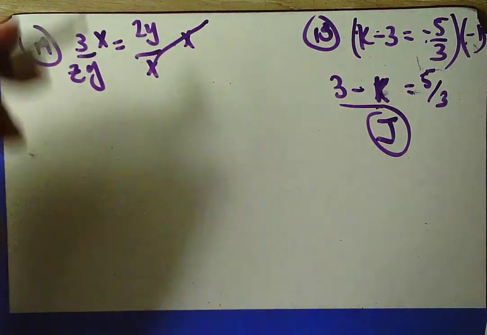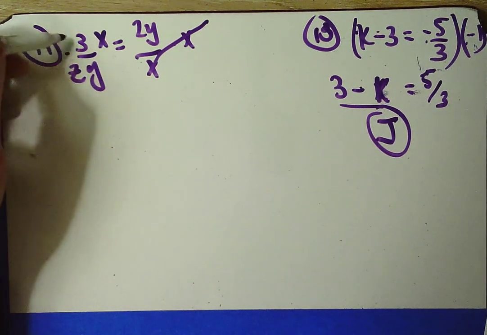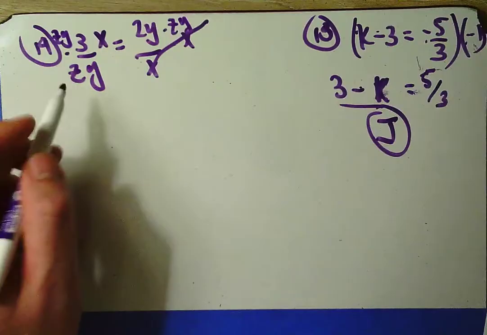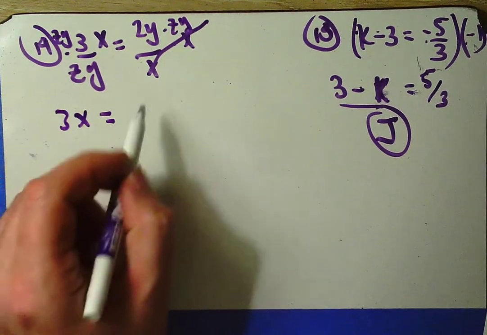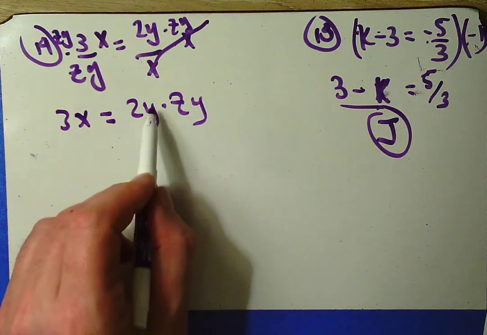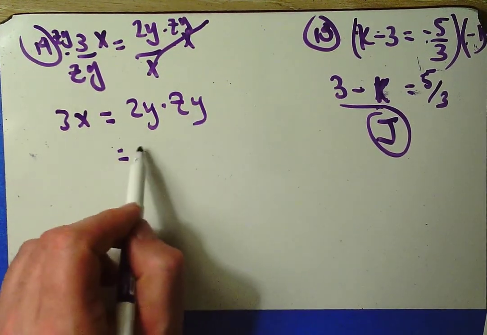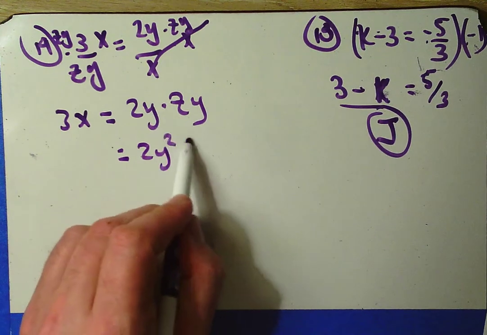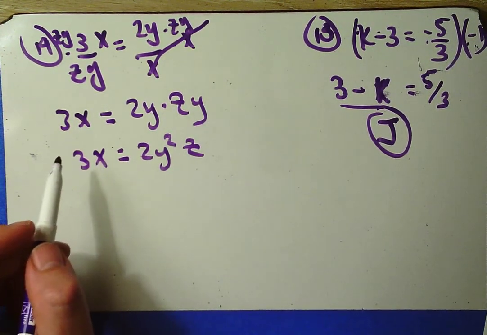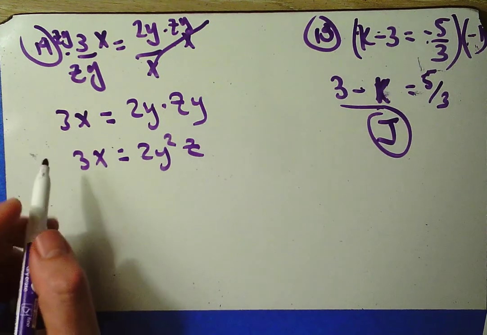I like it. Then I'm going to multiply both sides by zy. So I'm going to be left with 3x equals 2y times zy. Well, these y's can be multiplied together to give me 2y squared z. But remember, the directions asked us to find what x was, not 3x.